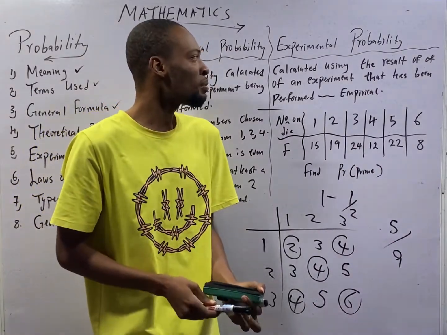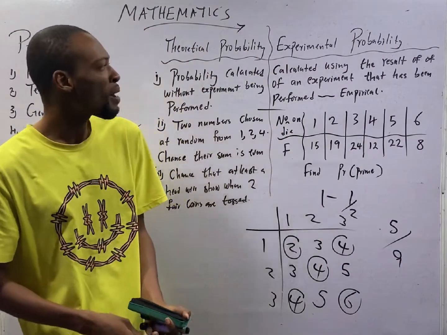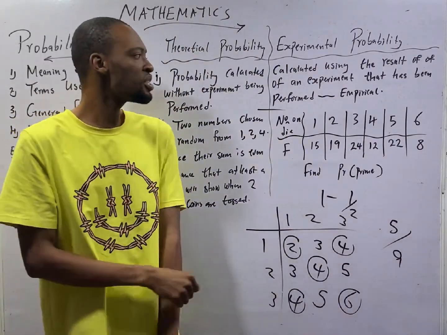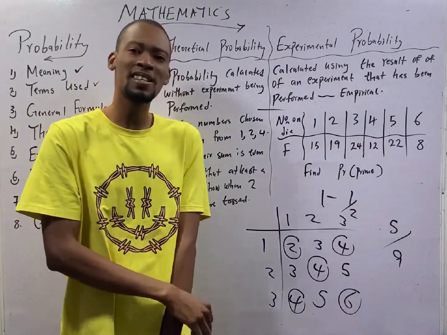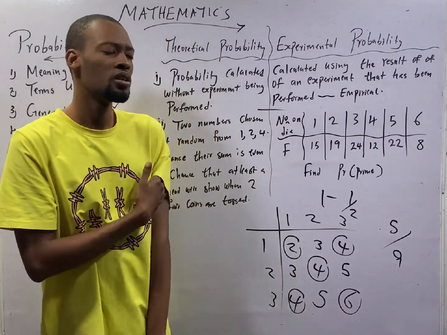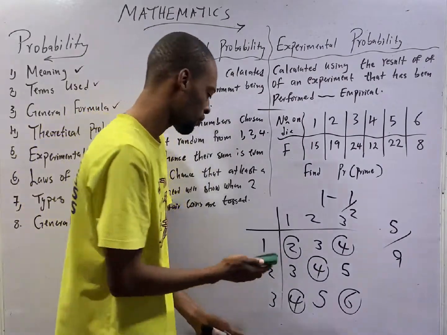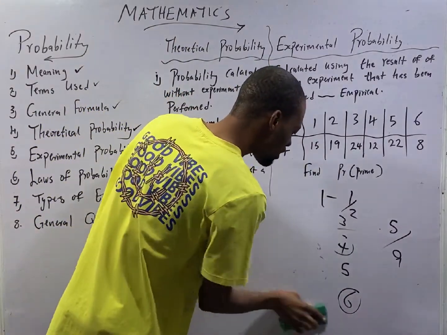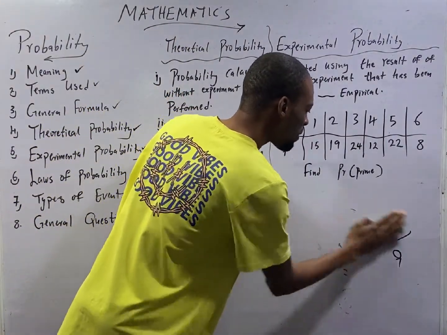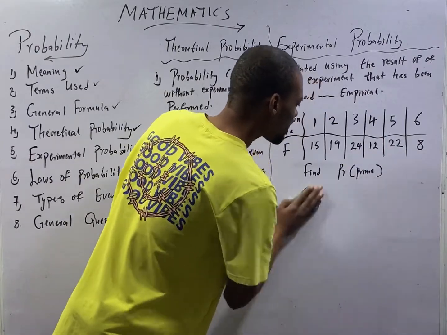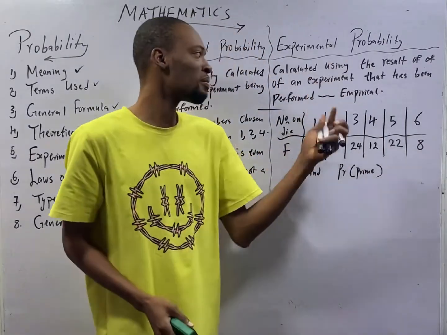And experimental probability is probability calculated using the results of an experiment that has been performed. It is also referred to as empirical probability. Now, anytime you see a table in probability, it is basically referring to experimental probability.